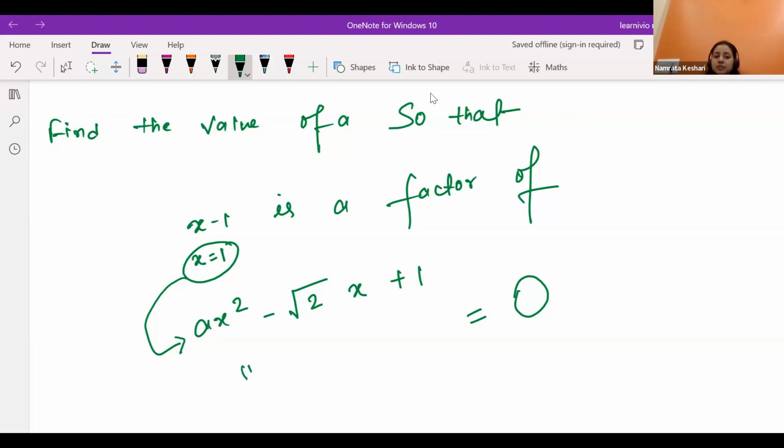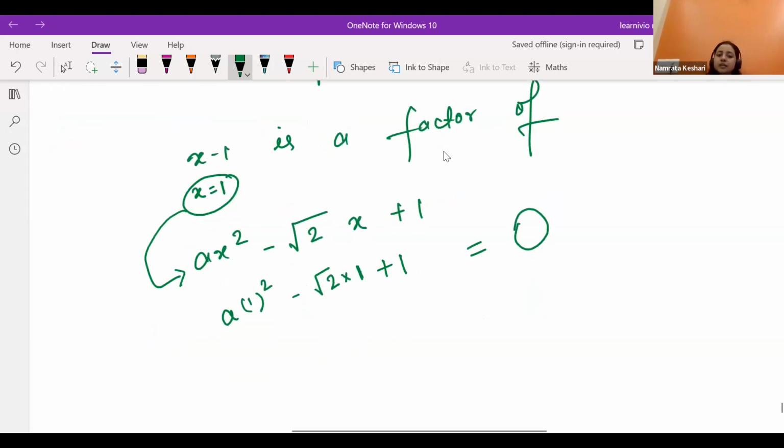So we will substitute it over here. We are getting a into 1 square minus root 2 plus 1 is equal to 0. Root 2 will go to the other side, it will become plus. Plus 1 will go to the other side, it will become minus.